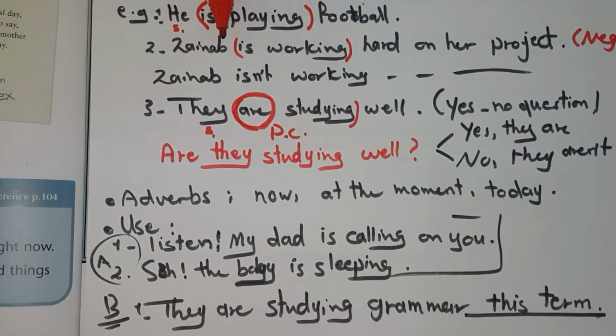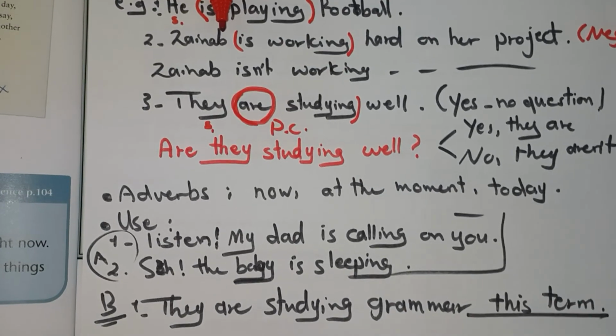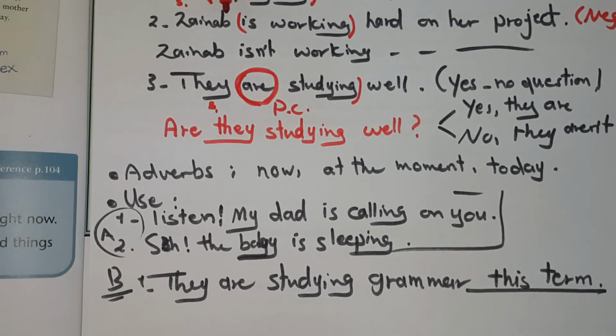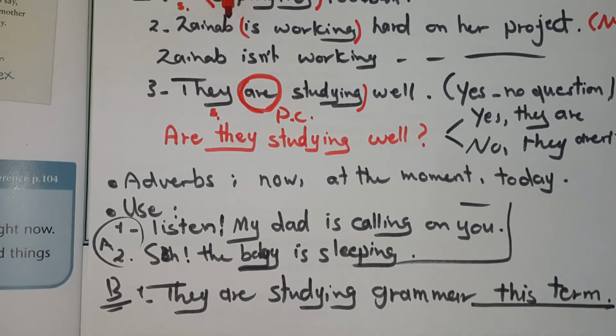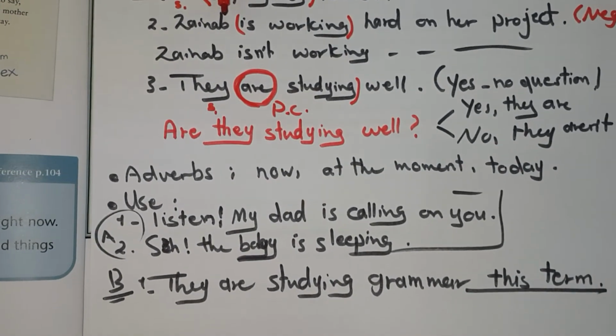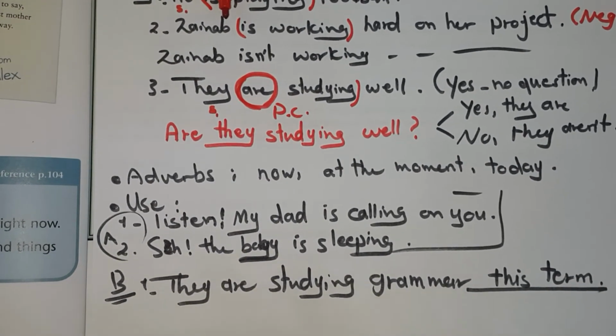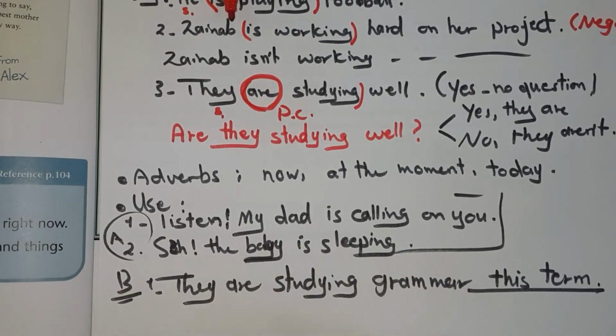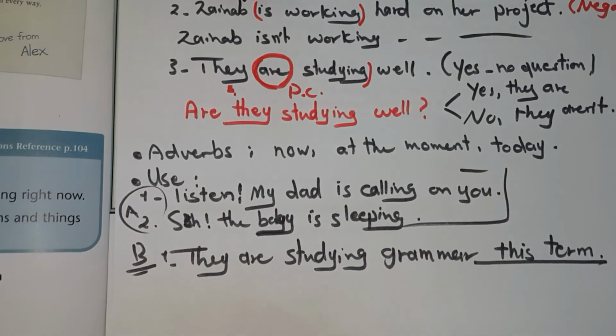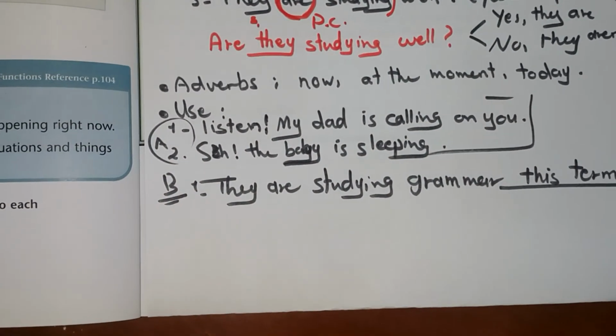This term indicates what? A current period of time, maybe 2 weeks, 1 month, 2 months, but it's a current period of time, and the action of studying is happening or started already. Okay?